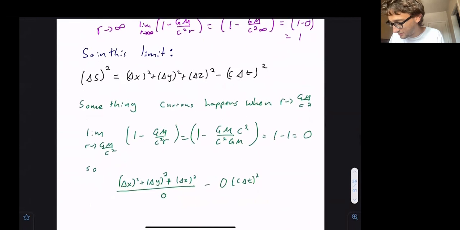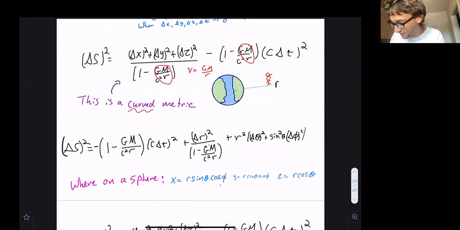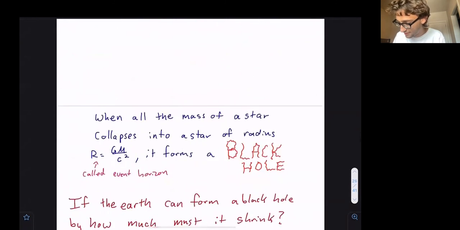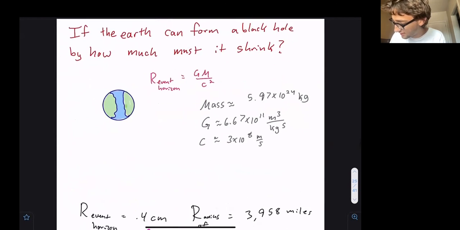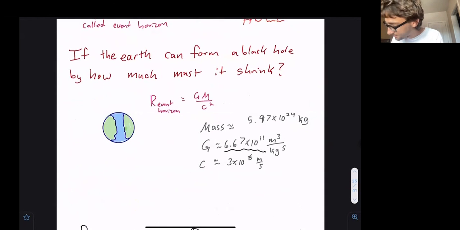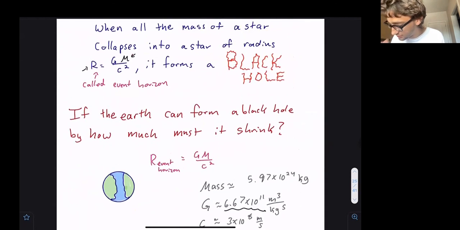If you've been following the mathematics, you'll see that using this equation, if any massive object ends up fitting in a ball of radius r, given by r equals G, the Newton's constant, which is 6.6 times 10 to the minus 11.